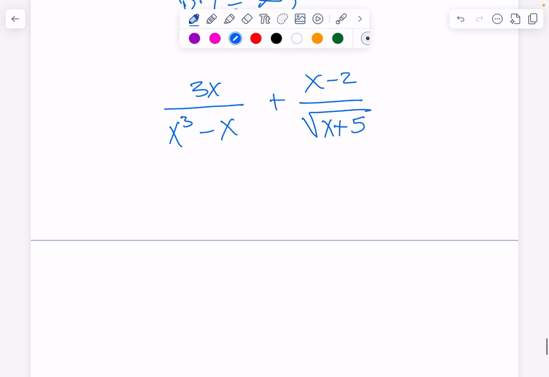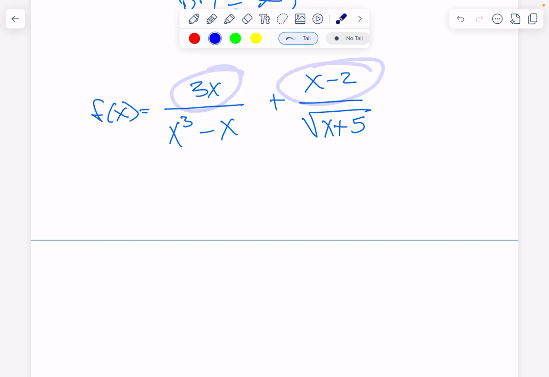Yeah, that'll be fine. We want the domain of that. And the domain of all of the numerators, there's no restriction. They're both linear. You can have whatever you want.